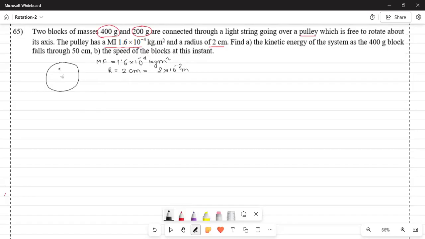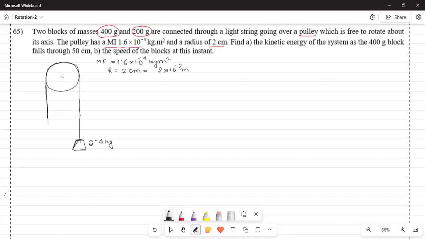Now there are two blocks. One is the 200 gram block. So this is one block, and of course the 400 gram block will go downward. That is how the question has been prepared. This is the 400 gram block, that means 0.4 kg.